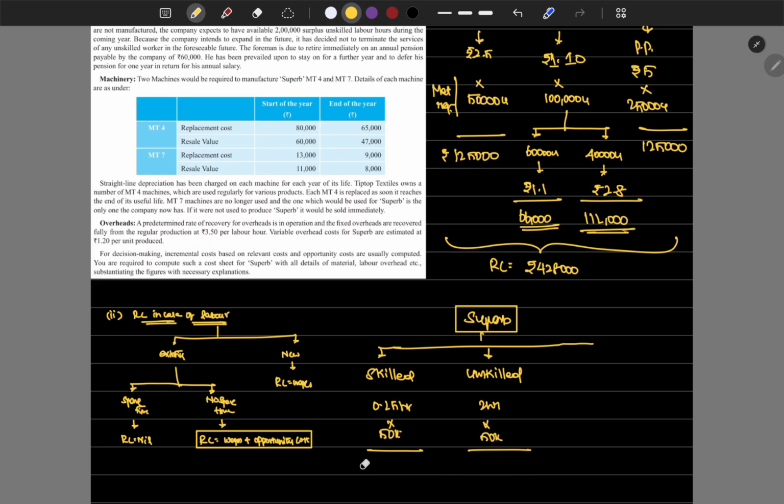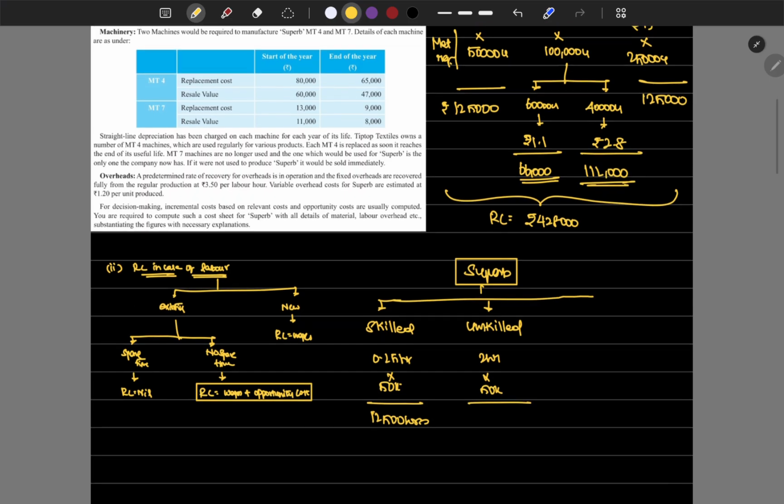Sorry, 1 lakh hours. 50,000, 12,500 hours. For 2 hours into 50,000, every unit of Superb will cost us the hours of 1 lakh hours.